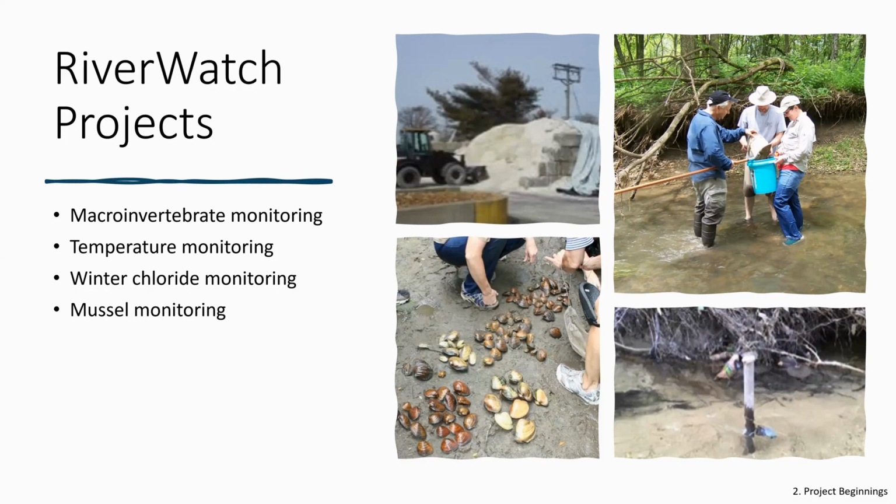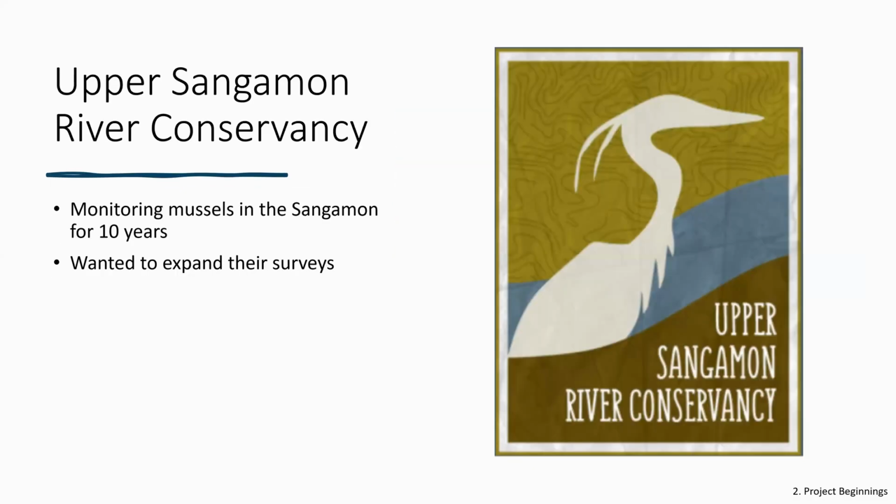And from this program, the Upper Sangamon River Conservancy had been monitoring mussels in the Sangamon for over 10 years at the time, at the beginning of our project, so 12 years now. And they reached out to us and said, hey, we've been doing this monitoring and we'd like to get more information, better information. We'd like to start tagging the mussels.